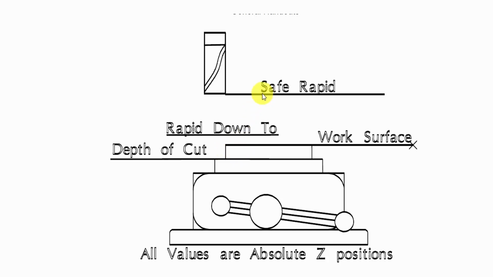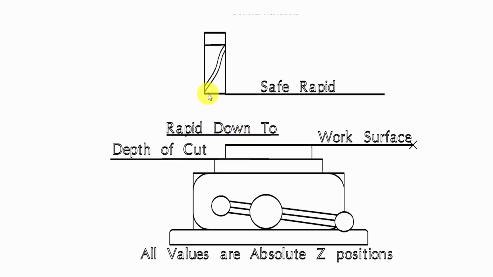A safe rapid level, this represents the cutter, this rectangle up here. A safe rapid level represents the height that the cutter can safely move around without fouling or bumping in or breaking the work material. The rapid down to then is a level that the machine cutter, when moved into position, will move quickly down as far as before it then slowly starts to engage the workpiece.